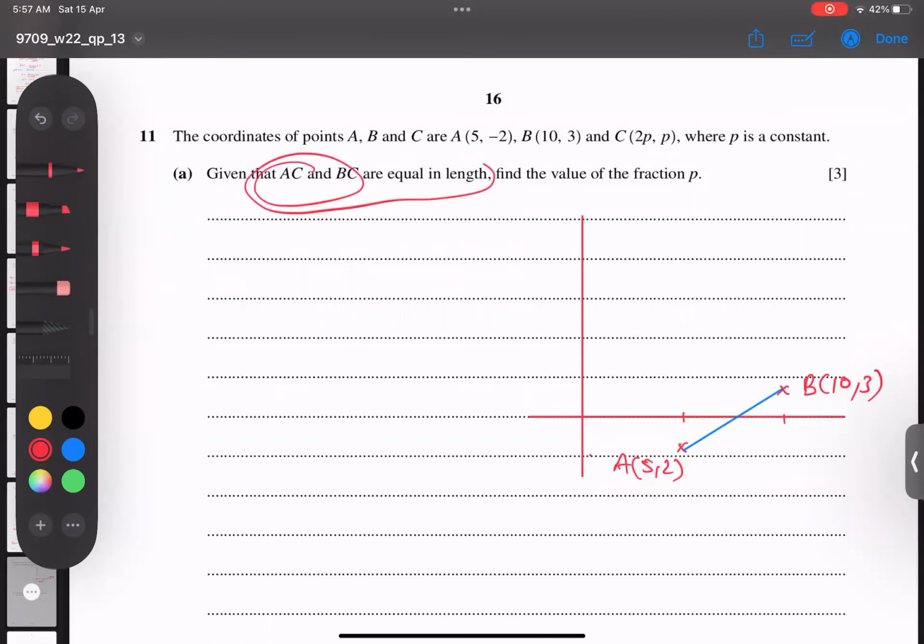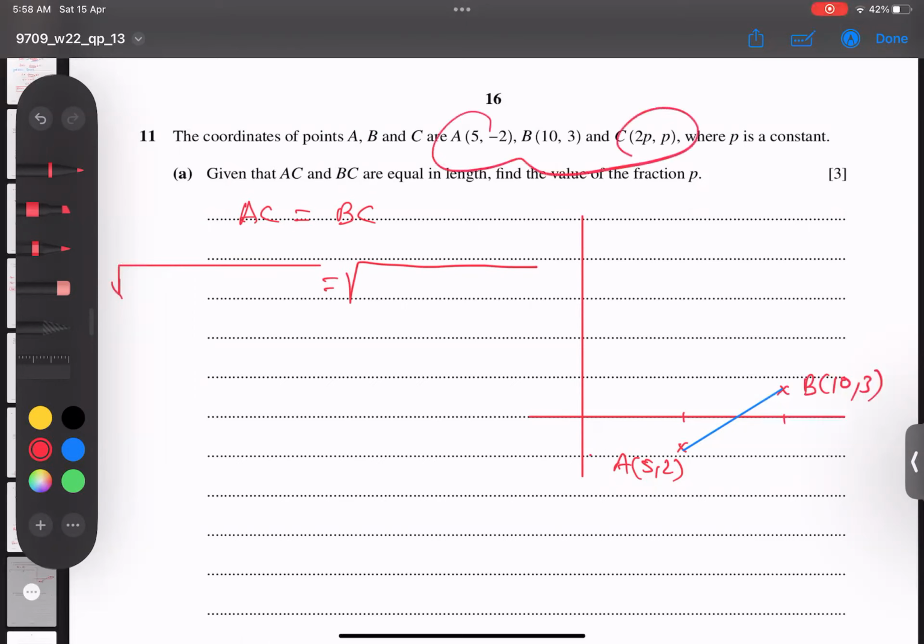AC and BC are equal in length. Find p. It means the length of AC and the length of BC are equal to each other. So let's apply the formula, you know it, students. AC, A is here, C is here. So I'm taking this as x2, y2, this x1, y1.